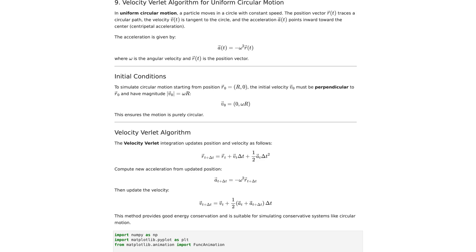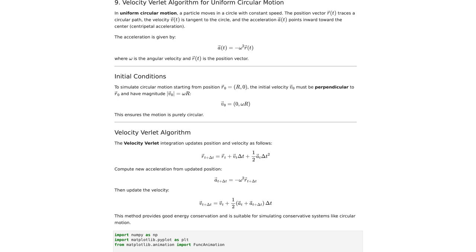It imports necessary libraries, sets parameters like angular velocity omega, total simulation time, and the number of time steps. It initializes arrays for position, velocity, and acceleration. The initial conditions are set for the particle to start on the x-axis with an initial velocity purely in the y direction, and initial acceleration is calculated.